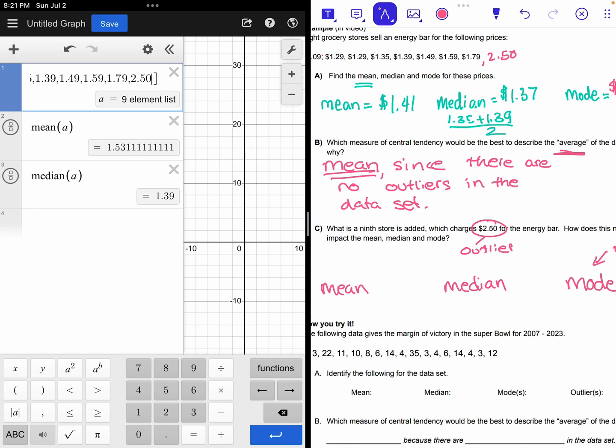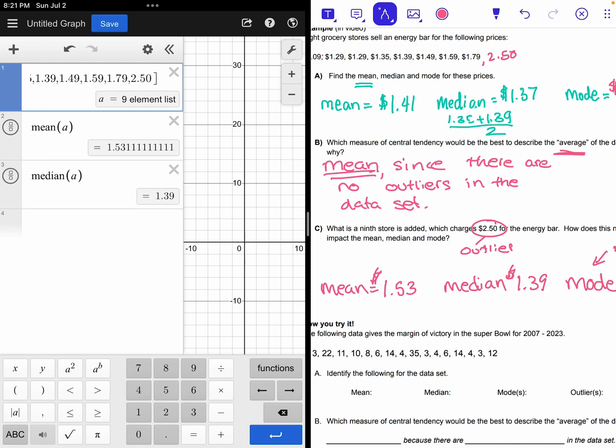So you'll notice now it has 9 numbers on the data list, and you'll notice my mean and median have changed. And I didn't have to re-enter anything because they're associated with the list name. And my mean now is $1.53, and my median is $1.39. Both the mean and median changed, but the median didn't change by that much.